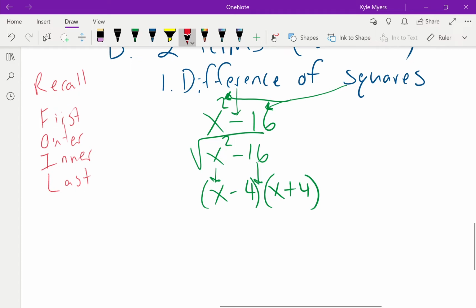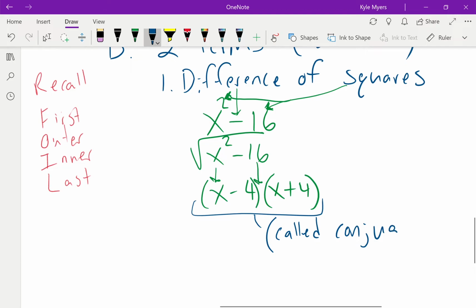You got these 2 things right here, which, by the way, are called conjugates, which is a fancy word for it has the same terms, right? So same x, same 4, but opposite sign in between them.